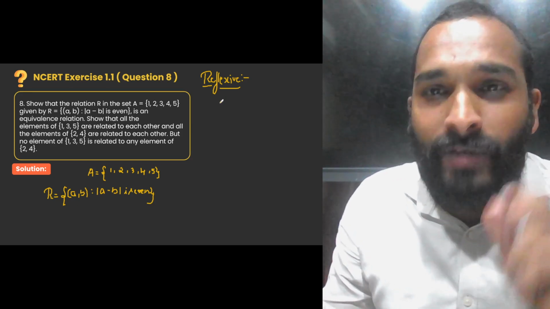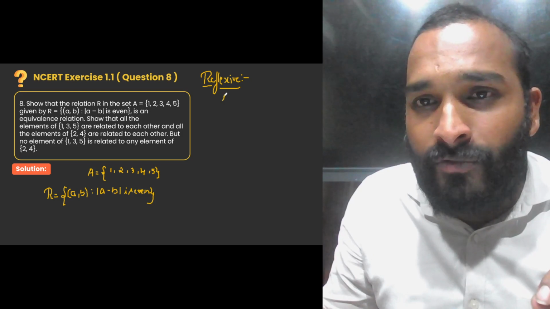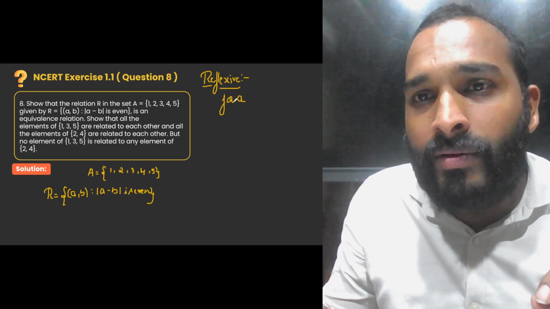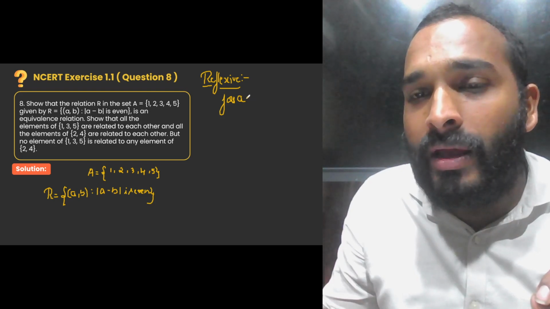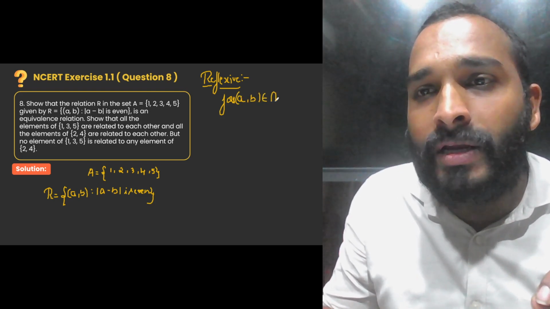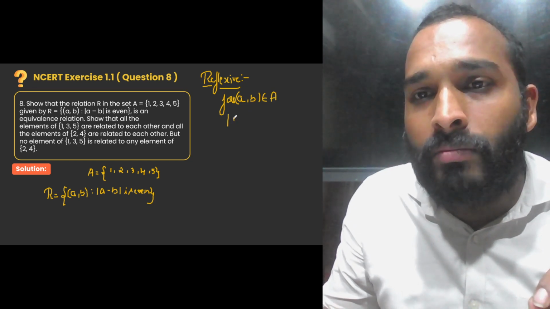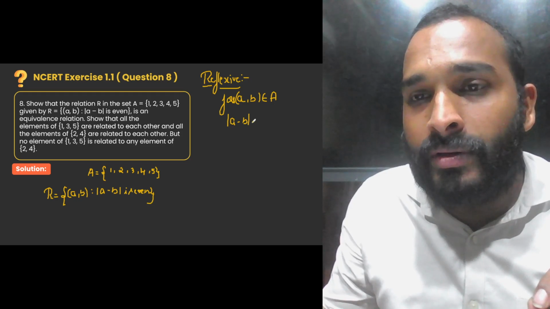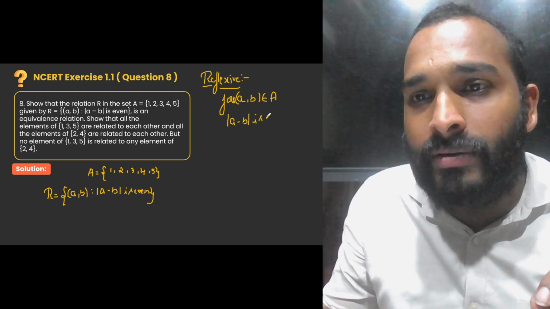Now reflexive. Just observe, children, for any A comma B which belongs to set A, modulus of A minus B, if it is even.